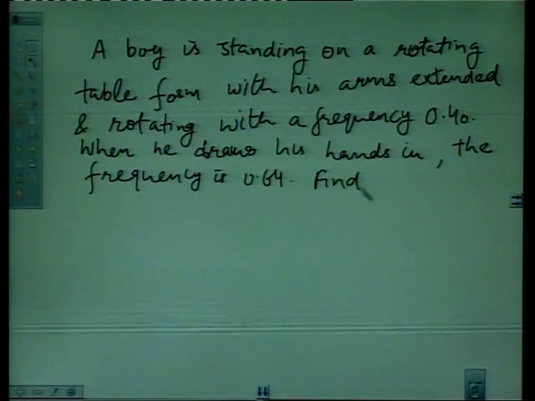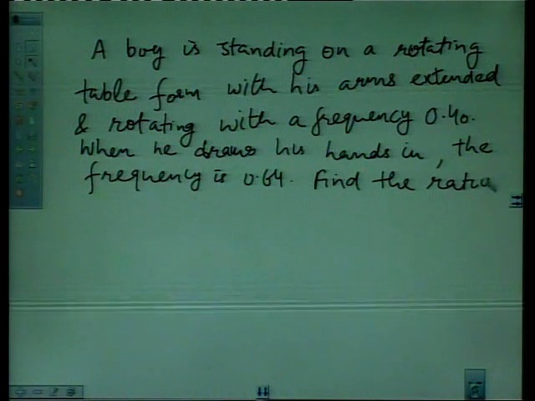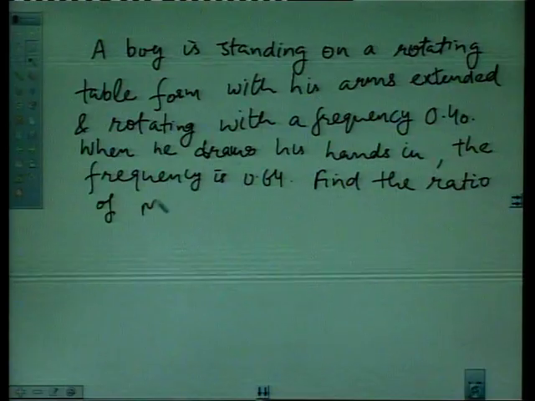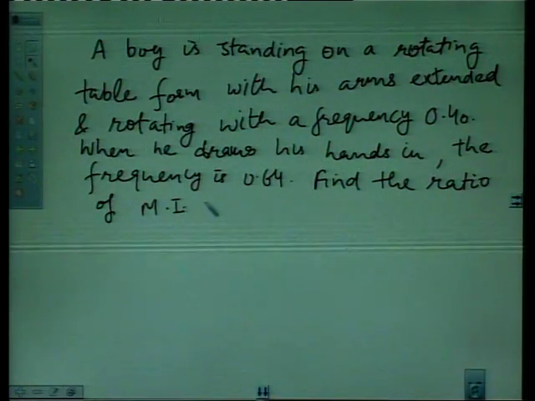Find the ratio of moment of inertia in both cases.